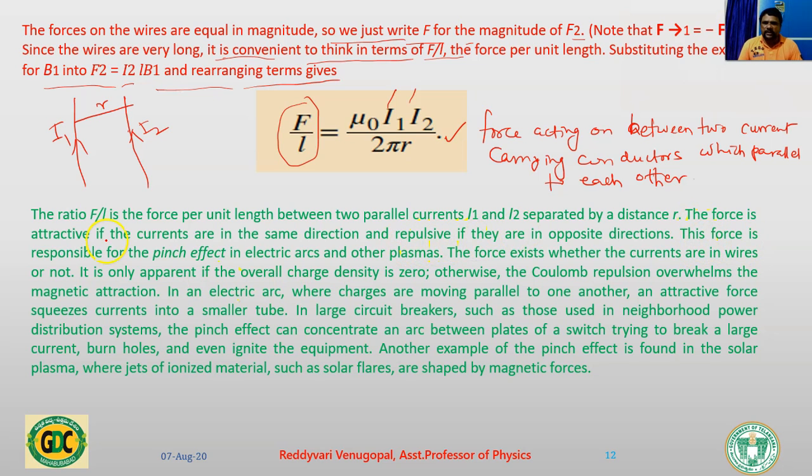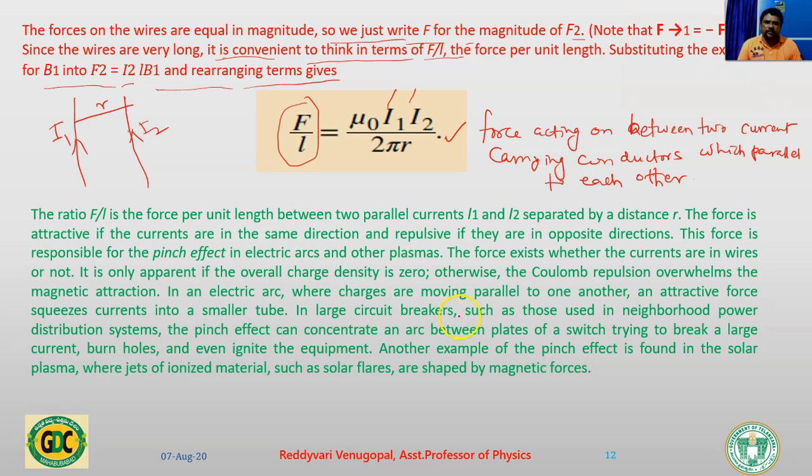So this force is responsible for the pinch effect in electric arcs and other plasmas. The force exists whether the currents are in wires or not. It is only apparent if the overall charge density is 0. Otherwise, the Coulomb repulsion overwhelms the magnetic attraction. In an electric arc, where charges are moving parallel to one another, an attractive force squeezes currents into a smaller tube.